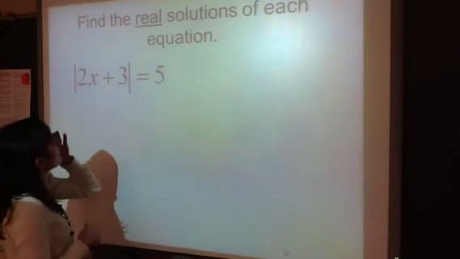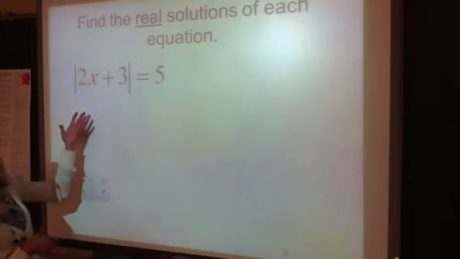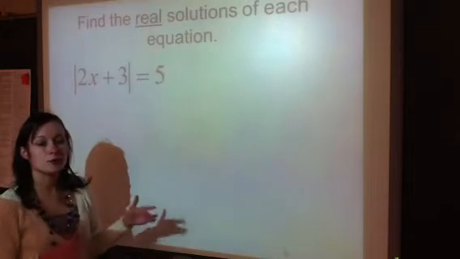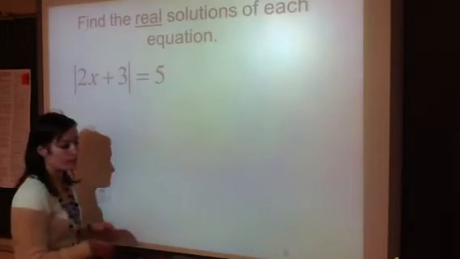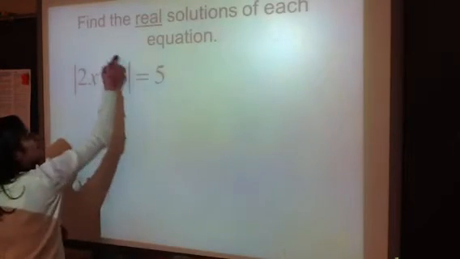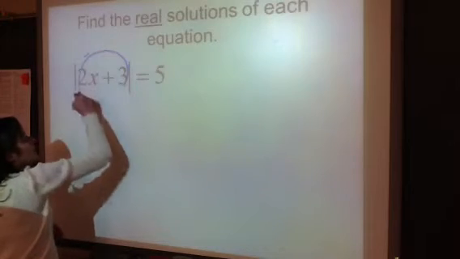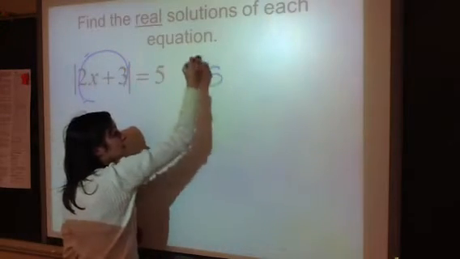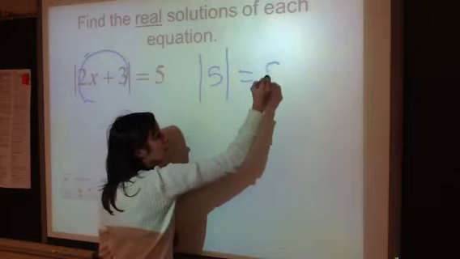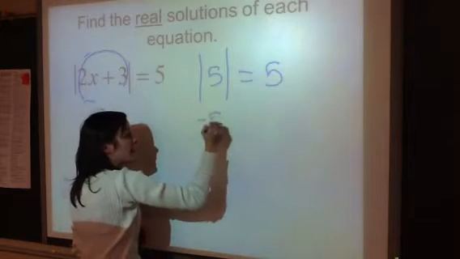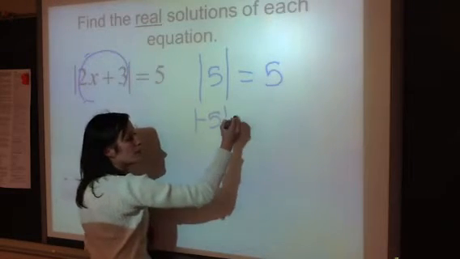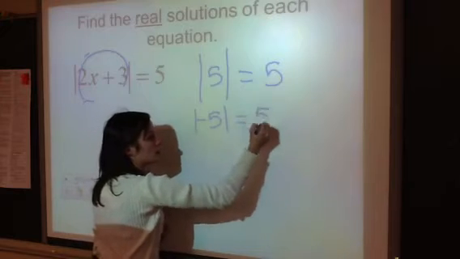All right, so here we have an absolute value equation. Absolute value means the distance a number is away from 0. So inside of here could be 5, as the absolute value of 5 is 5. Or it could be -5 inside there, because the absolute value of -5 is also 5.